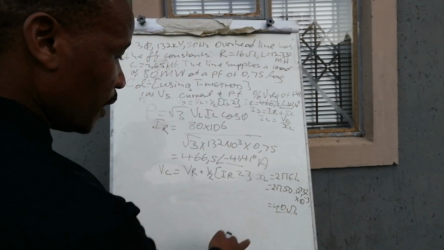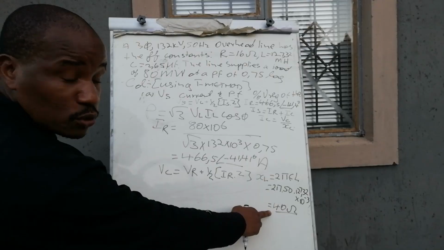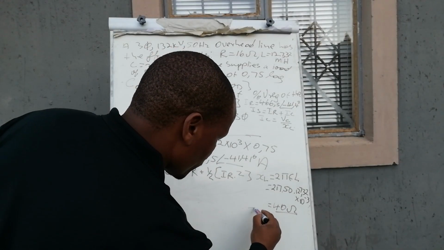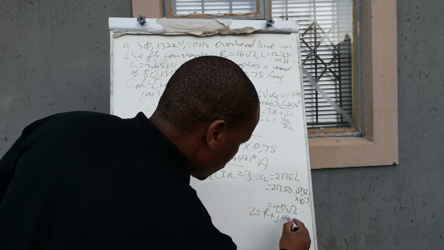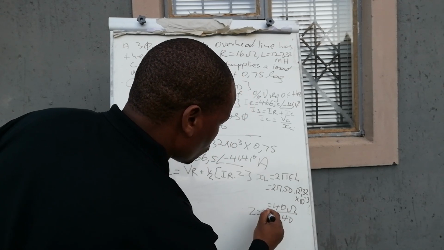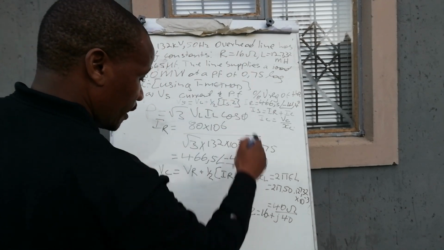This is 40 ohms. This is XL, but we want impedance. Impedance is equal to R plus j40. R is given as 16 there.